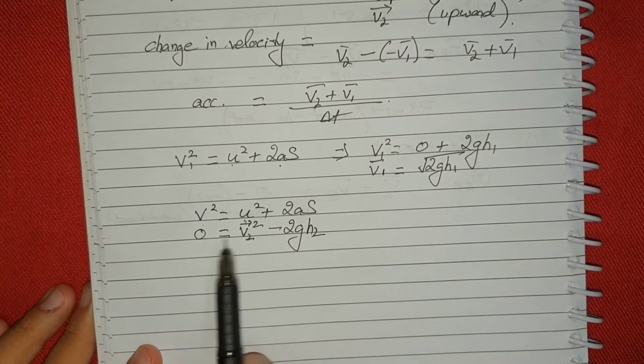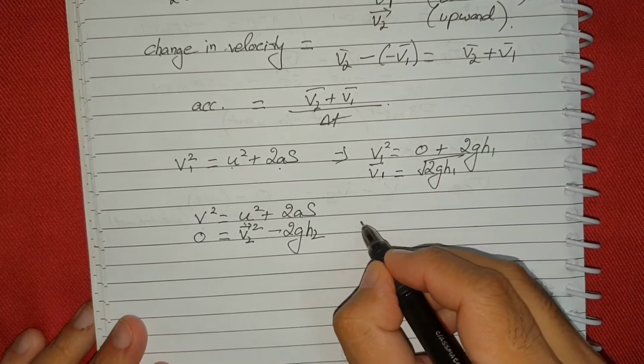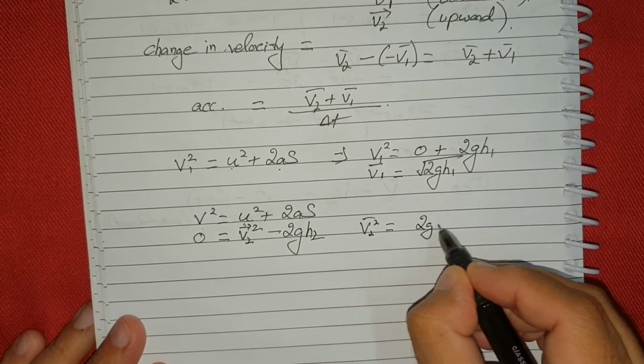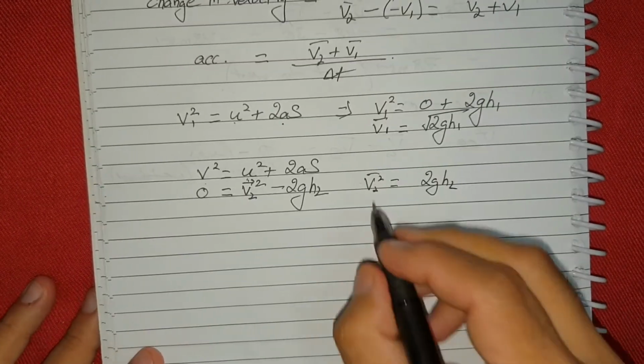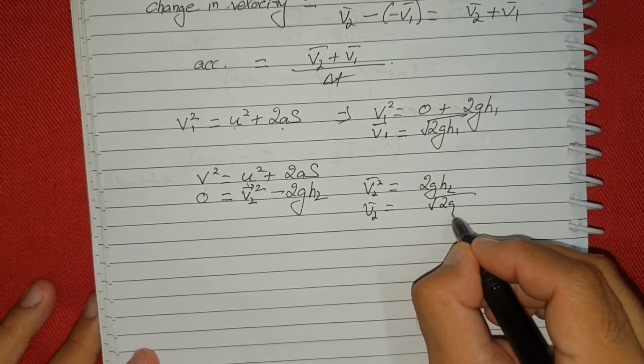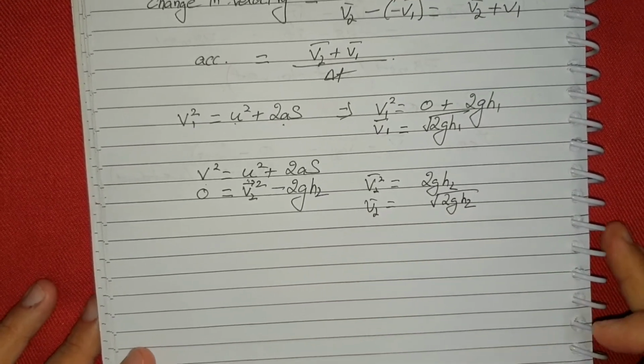If you take it to that side, the sign will change. So v2 square is 2 g h2, or v2 is under root of 2 g h2.